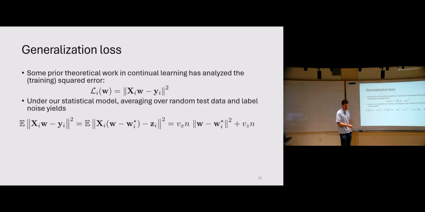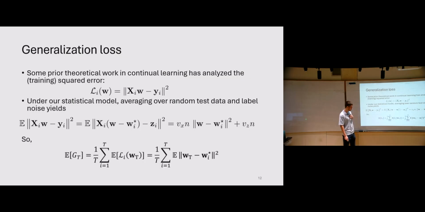However, under our statistical model, averaging over random test data and label noise gives us this identity. It is readily seen that averaging over the mean squared error is equivalent to minimizing the distance of the predictor from the teacher. So using the definition of the expected generalization loss, it can be defined as the average distance of the last predictor from all the teachers.